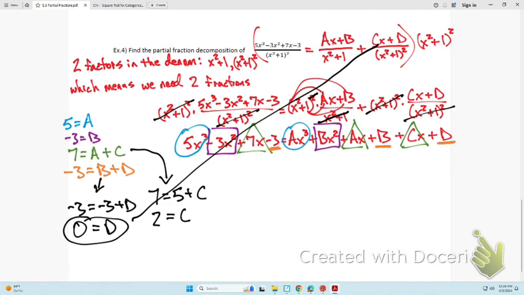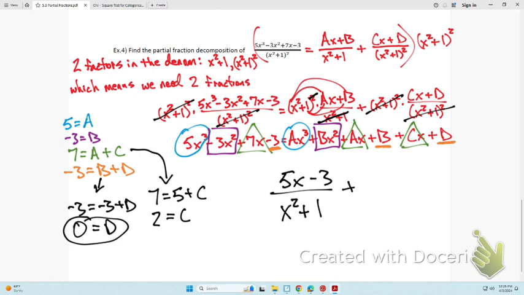But yet, if one of those values is 0, then it just gets ignored. I don't know if that makes sense. But final answer is 5x minus 3 over x squared plus 1 plus 2x over x squared plus 1 squared.